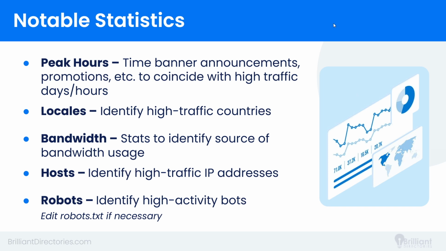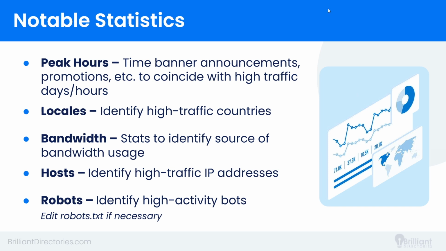So we can potentially see some outliers, maybe some things we might want to optimize. Also hosts. Instead of countries, these are individual IP addresses that are using a lot of bandwidth. Oftentimes these hosts might be robots using the most bandwidth, not necessarily individual users.